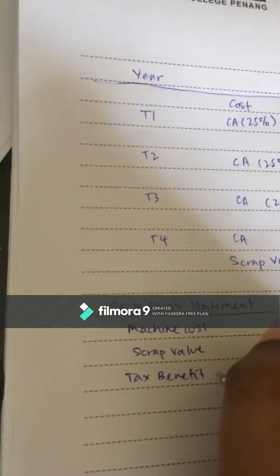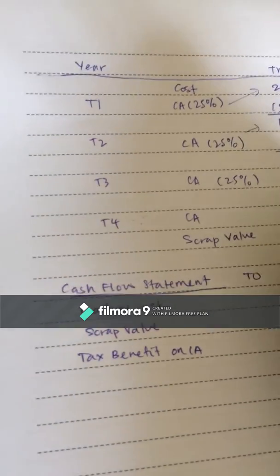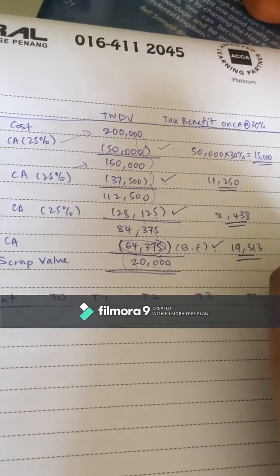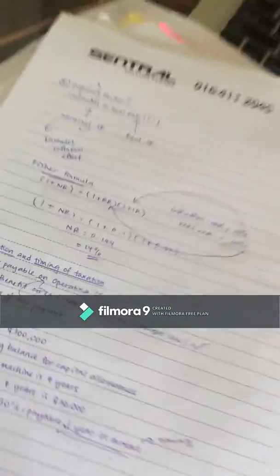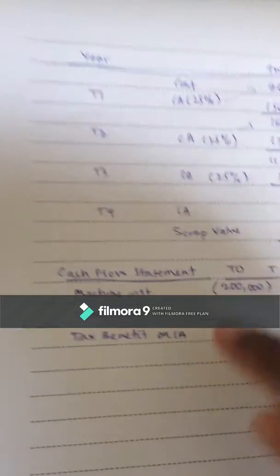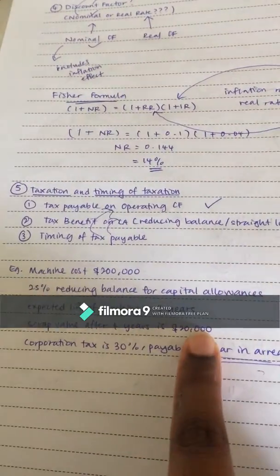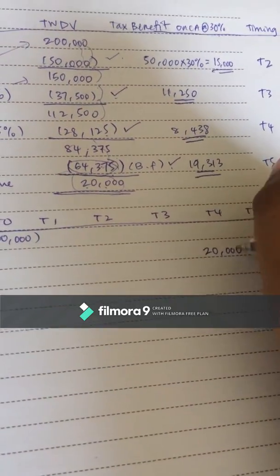So you have your T0, T1, T2, T3, T4, T5. The machine cost is 200,000. The scrap value at the end of the machine life, 4 years, is 20,000. So you get 20,000 at the end of the 4 years.